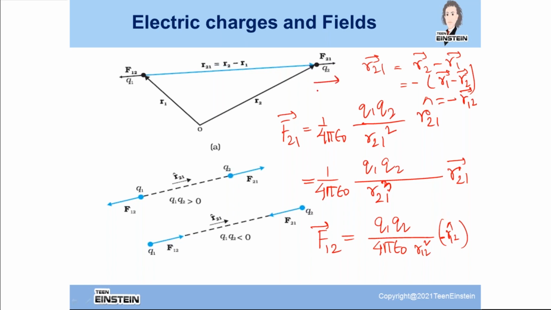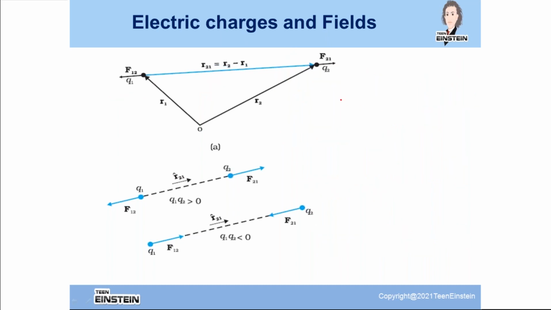Or if you write R21 also, you have to give a minus. R21 is this way and R12 is this way. If you write R12, then it is fine. Or if you write R21, then you have to give a minus sign. You have to define that this direction is R12, and this direction is R21.